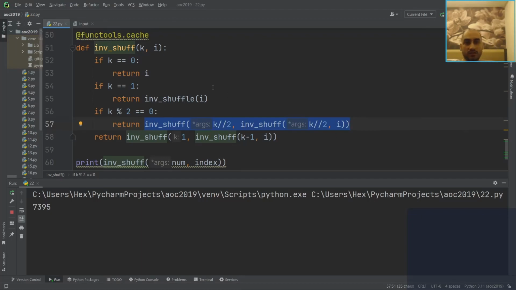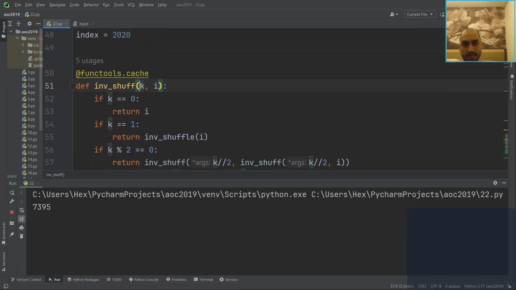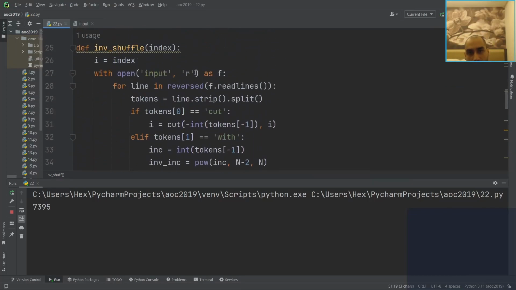What we really want is to not take out this i. What we really want is inverse shuffle k times. No index. We just want to be able to... oh my God. But we only know how to do it for 1 index.